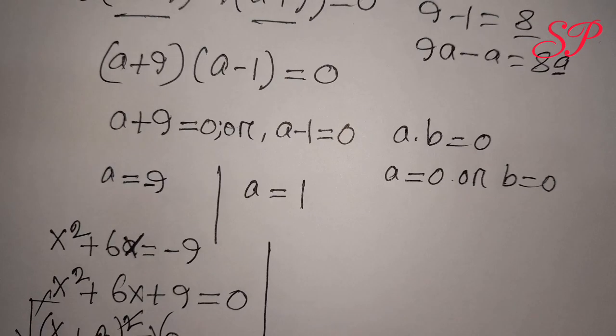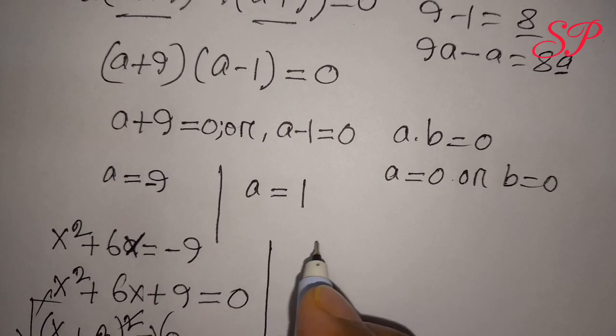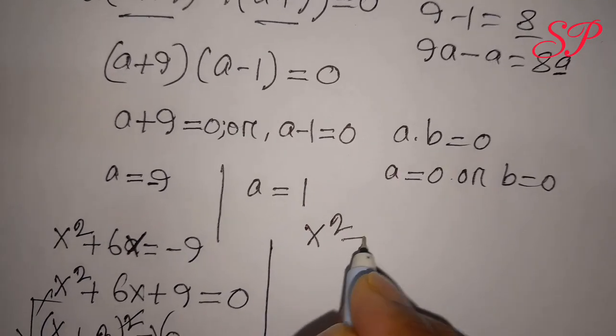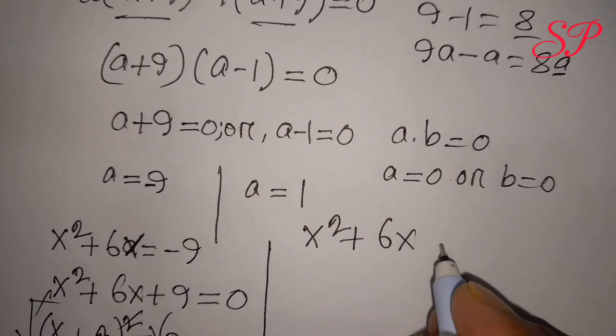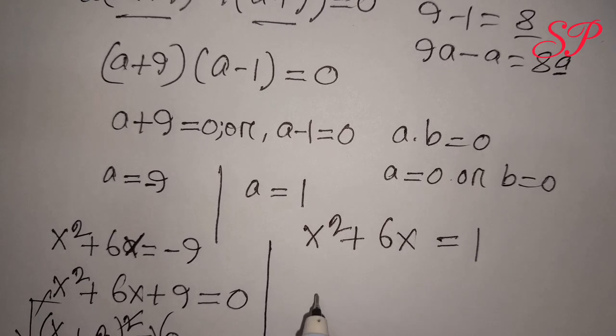Again, we get from a is equal to 1: x square plus 6x is equal to 1.